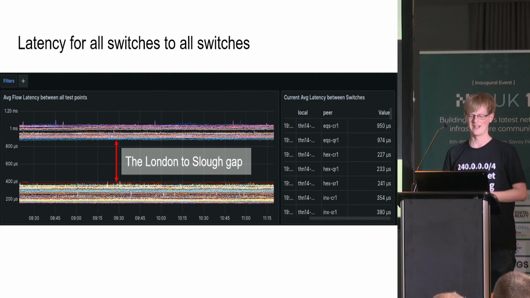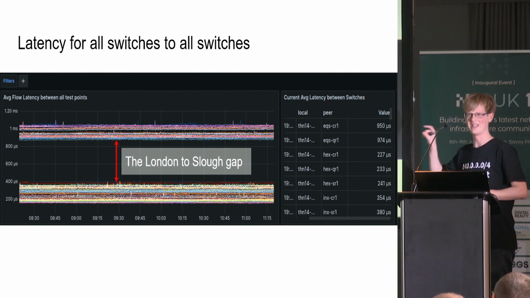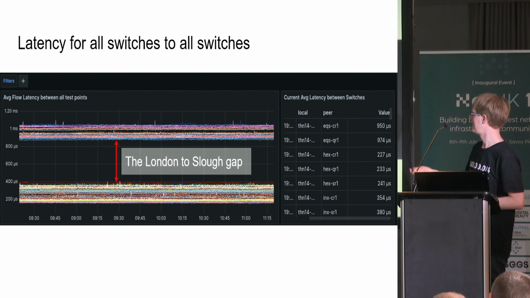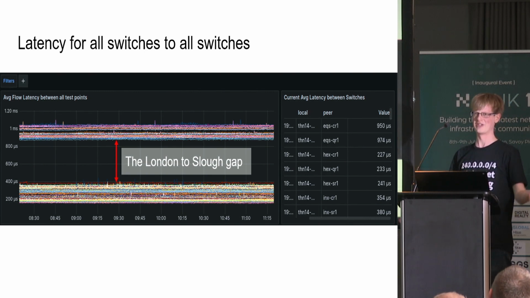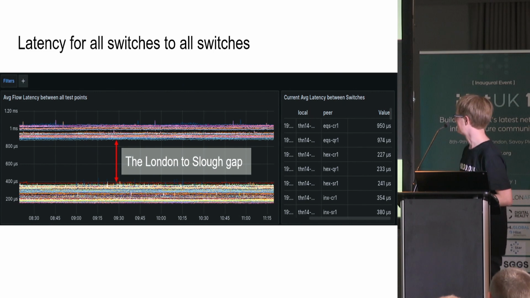Another fun thing, if you look at all the switches' latencies to all of the other switches' latencies, you can pretty much see the London to Slough gap. I do really enjoy when server providers claim that Slough is London. I think a long time ago DigitalOcean was like, oh, we're releasing our new London data center location. And you're like, oh, is it Slough? It's Slough. It's not really London.